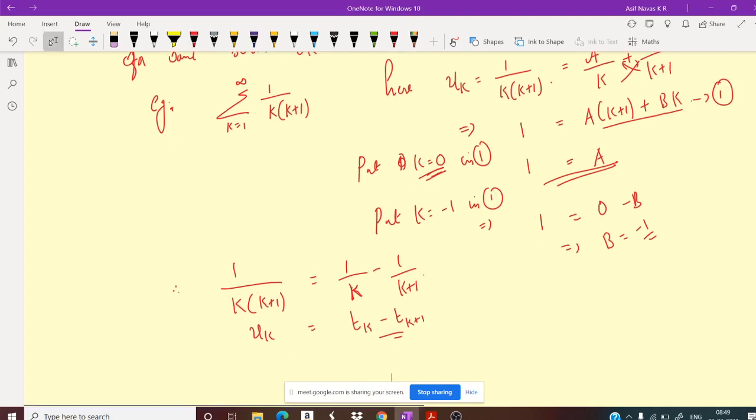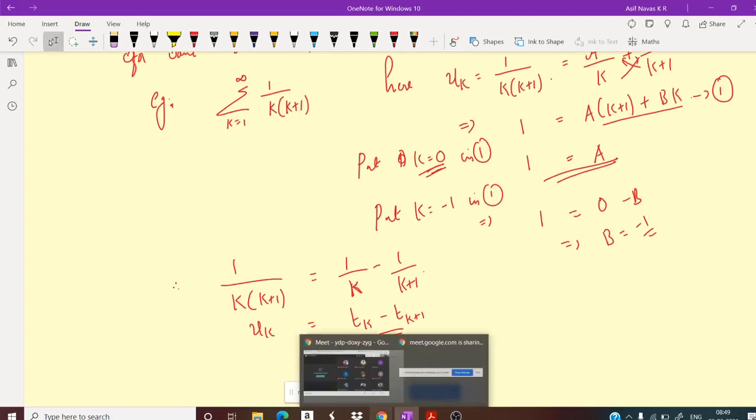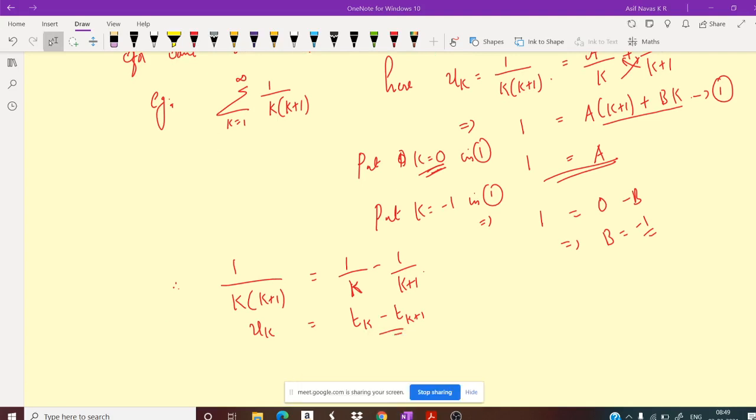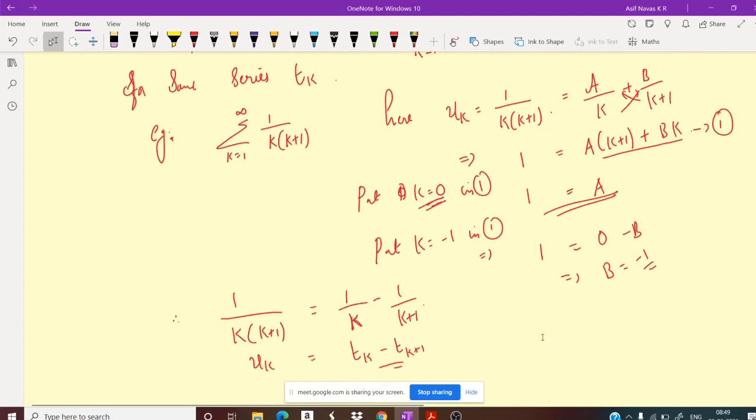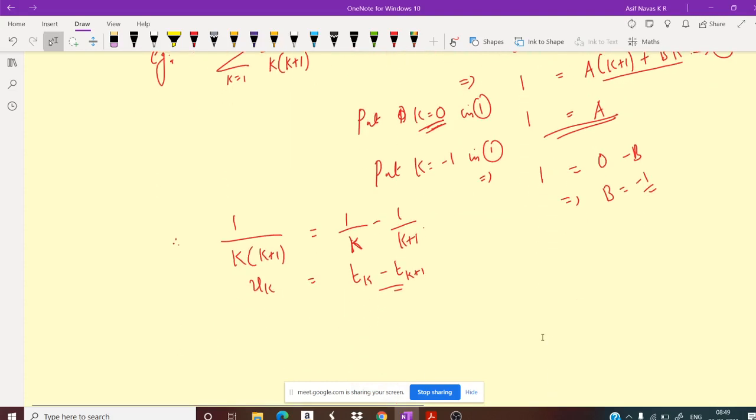So why is this telescopic series useful? Because we can easily find the sum of the telescopic series, as we can cancel out all terms. For example, sigma k equal to 1 to infinity 1 by k into k plus 1.